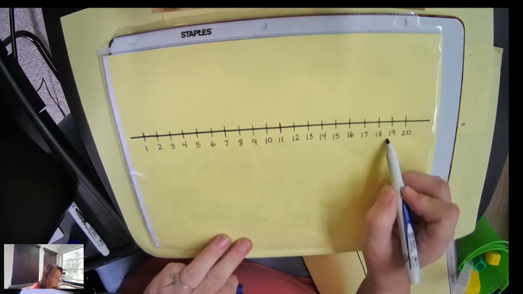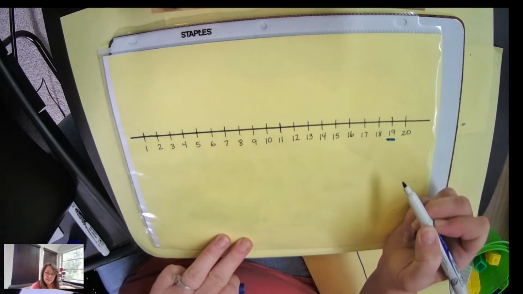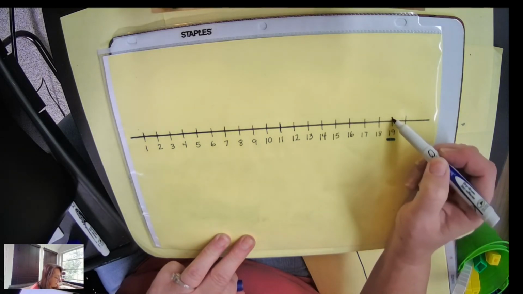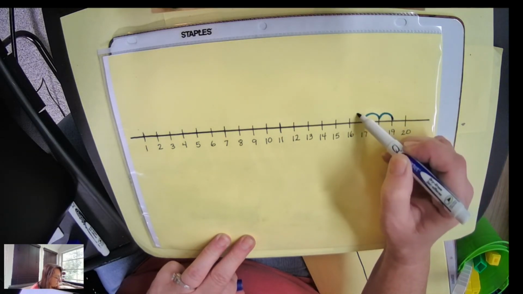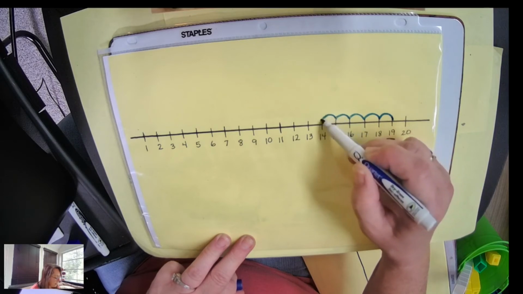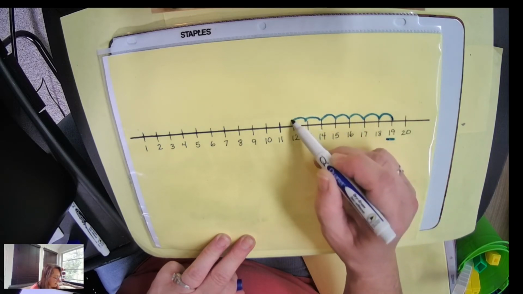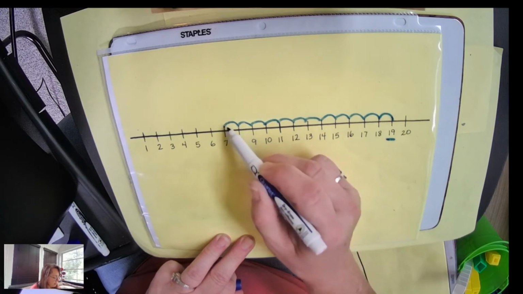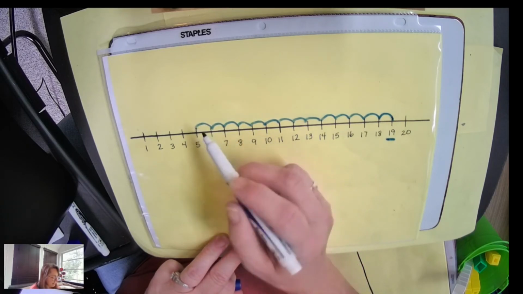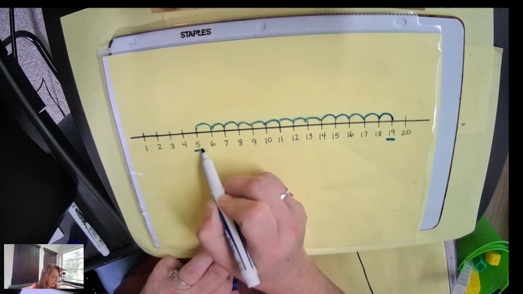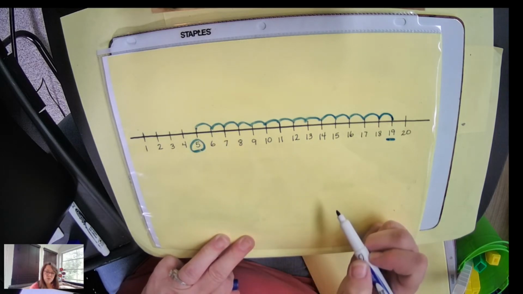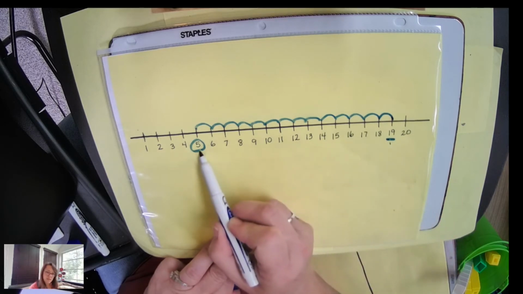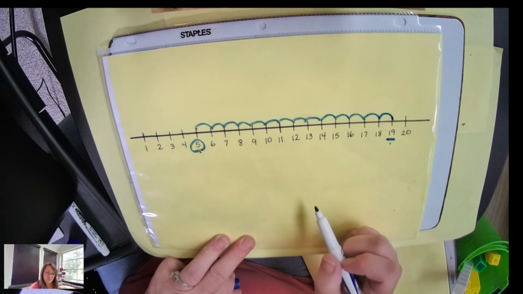19 minus 14. 19 minus 1, 2, 3, 4, 5, 6, 7, 8, 9, 10, 11, 12, 13, 14. 19 minus 14 equals 5.